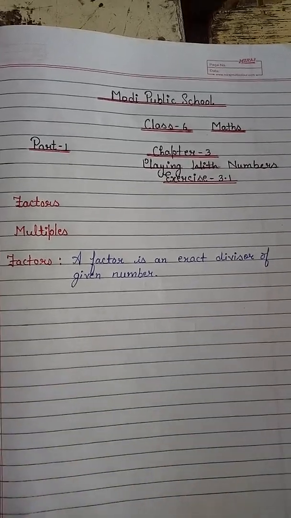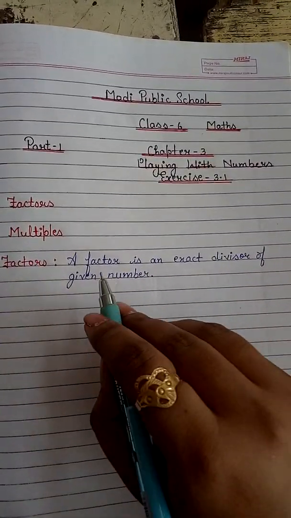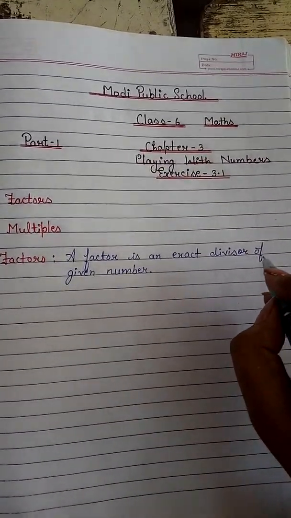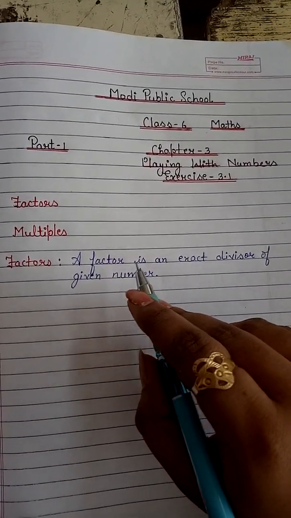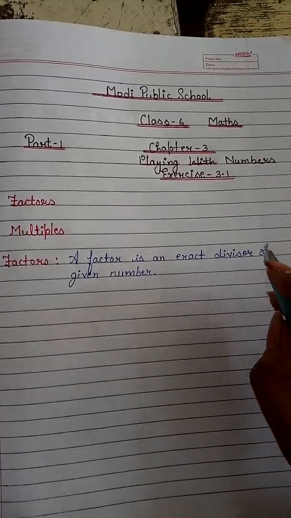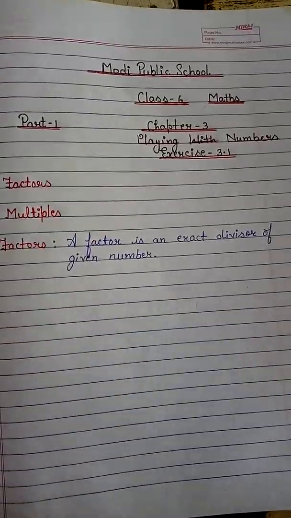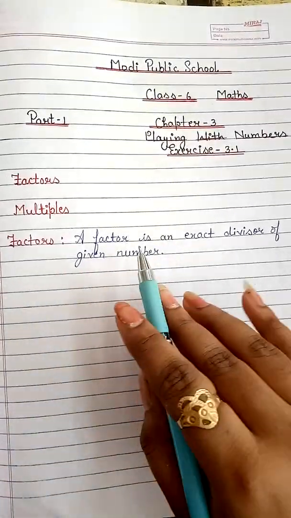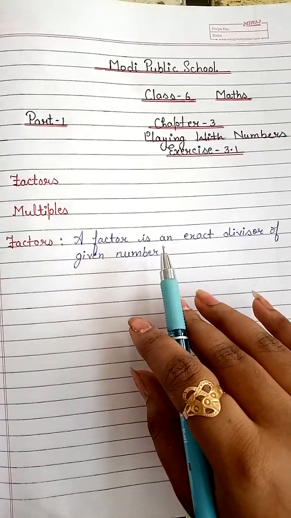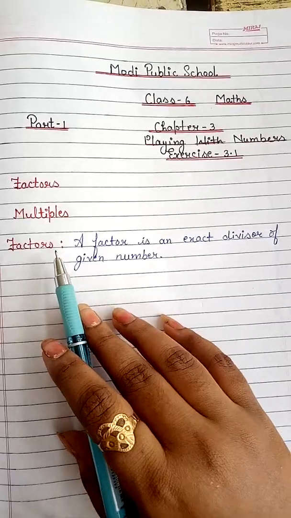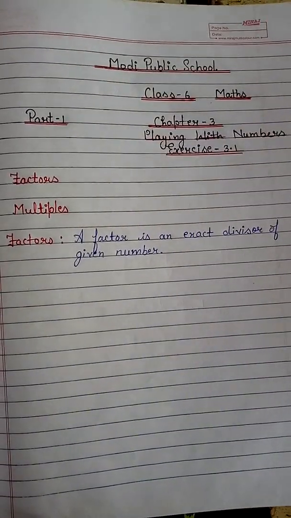Factors are an exact divisor of any given number. What is a factor? A factor is an exact divisor of a given number. This will be more clear to you when we discuss a few examples.